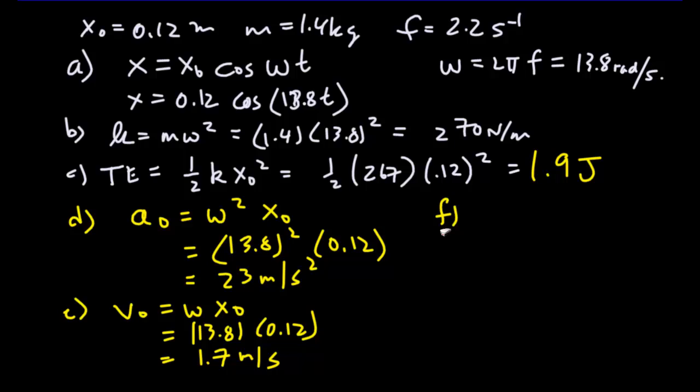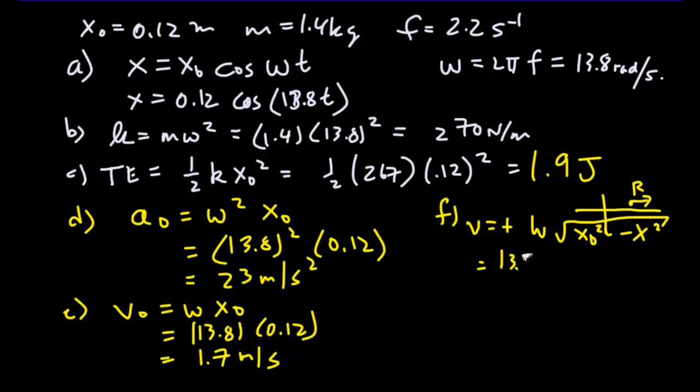Part F, it's the velocity they want this time. So it was moving to the right, which means it has to have a positive velocity if it's moving to the right. So it's displaced to the right 7 centimeters, and it's moving right, so it's got a positive velocity. So my v will equal the positive omega times the square root of amplitude squared minus displacement squared.